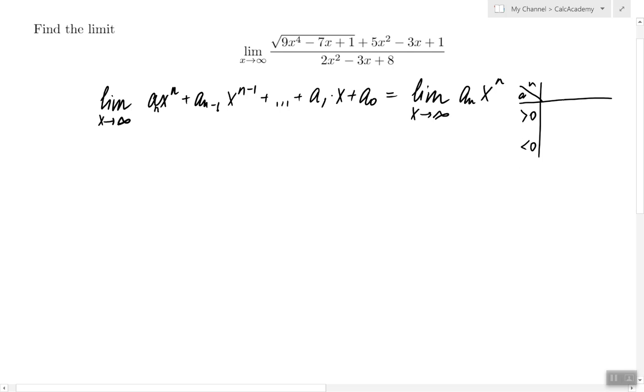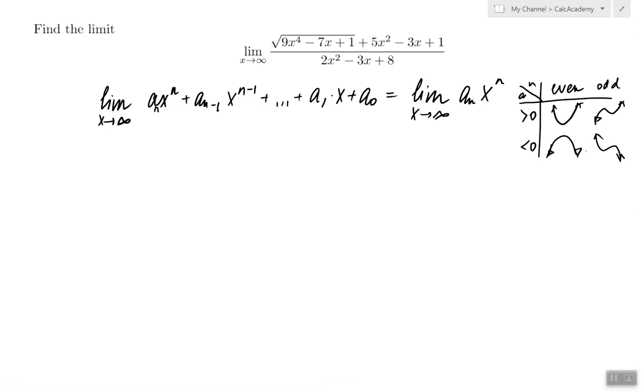So here's a little chart to remind us. These are the behaviors. So when x approaches infinity, this is how we can find the limit of a polynomial function.